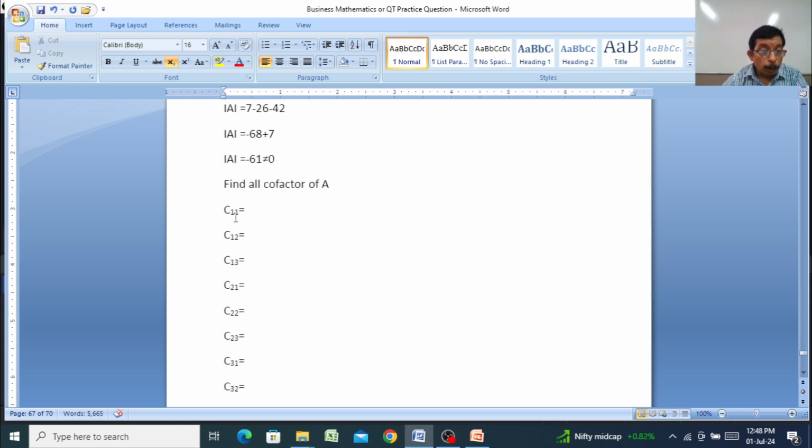If the sum of the order of the cofactor is an even number, then the sign is plus. If the sum of the order is an odd number, then the sign is minus. So plus, then minus, then plus, then minus, then plus, then minus.